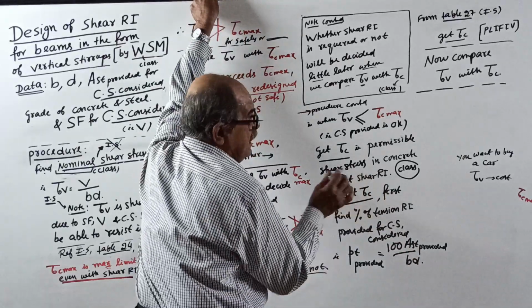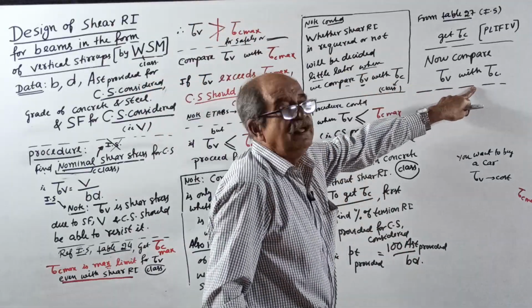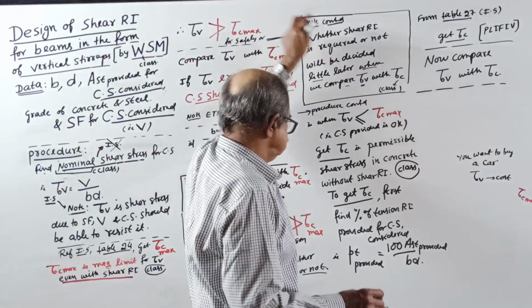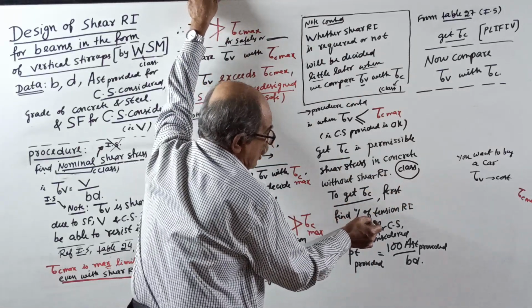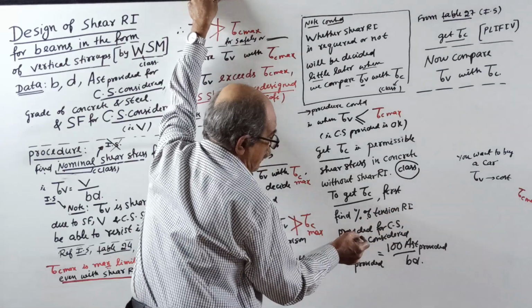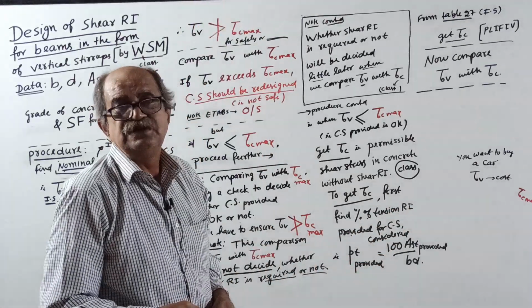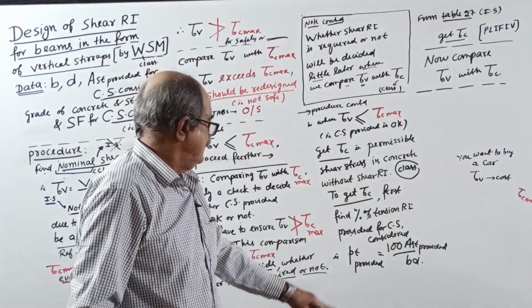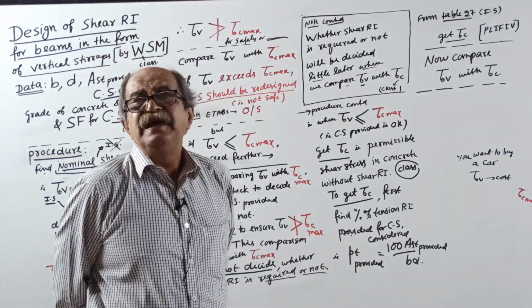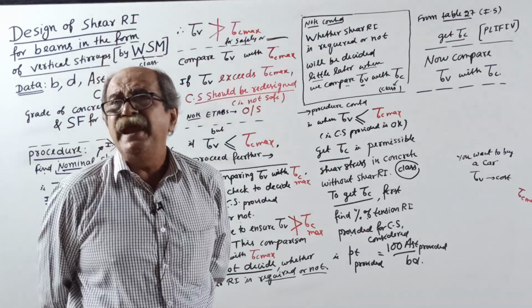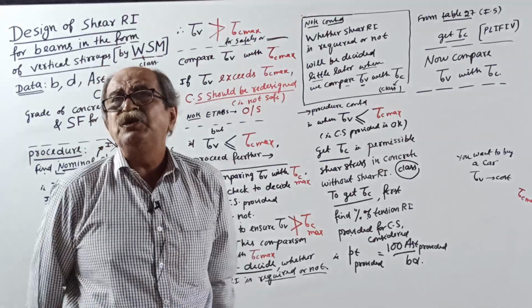I will come to the money matter now. To get tau c, what to do? Let me come up to here, then I will give the money matter. To get tau c, first find the percentage of tension reinforcement provided for the cross section considered. That is PT provided. PT provided is the area of steel provided by b d, where d is the effective depth, into 100.